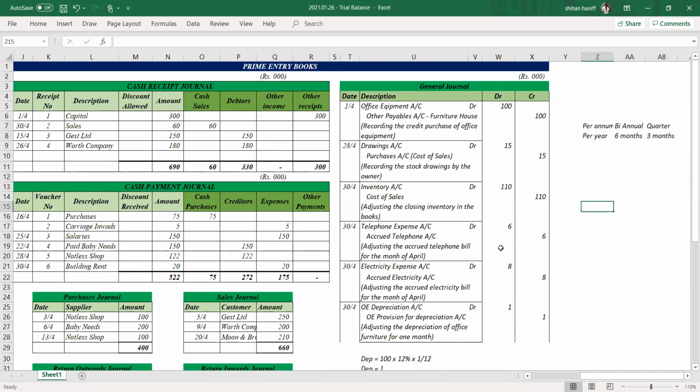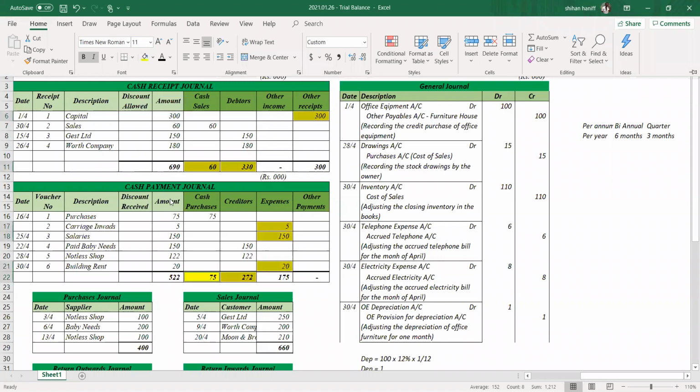Okay. Fine. Now let's prepare the ledger accounts. We need a cash control account, capital account, debtors control account, sales account, carriage inwards, salaries, building rent, creditors control account, purchases account.